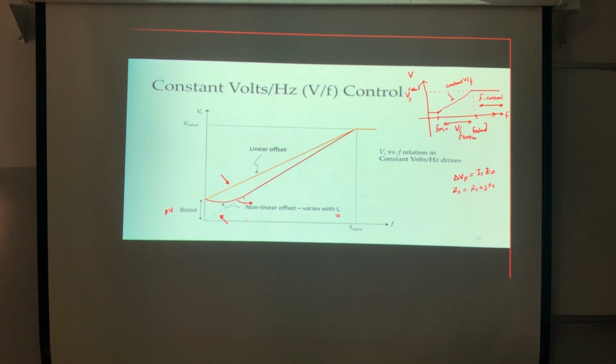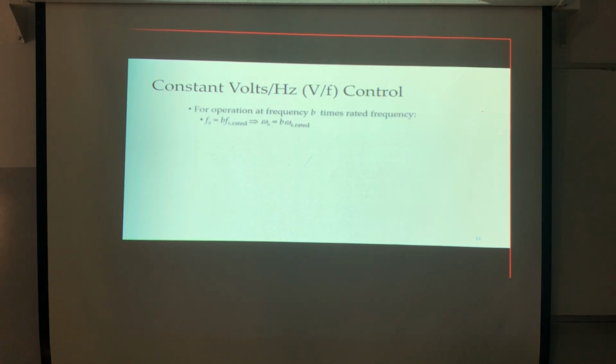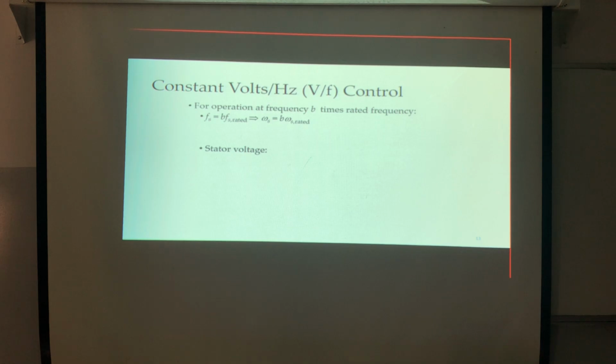I think this is more straightforward than those. This one will give you, from the minimum to the rated value, the actual V over F control. Above the rated value, you are going automatically to the frequency control. So now let's see how we can translate this one.